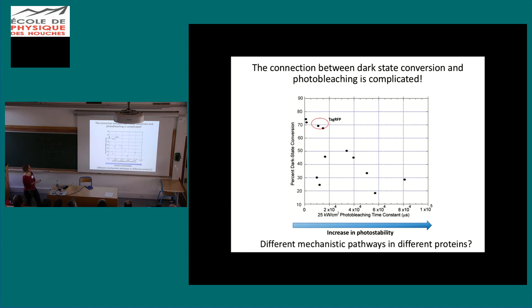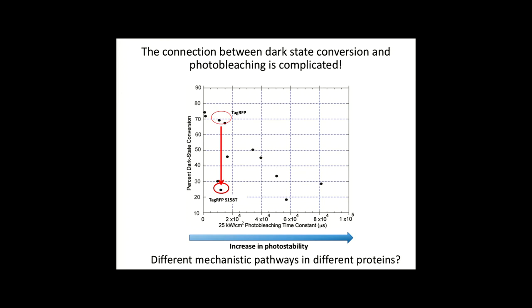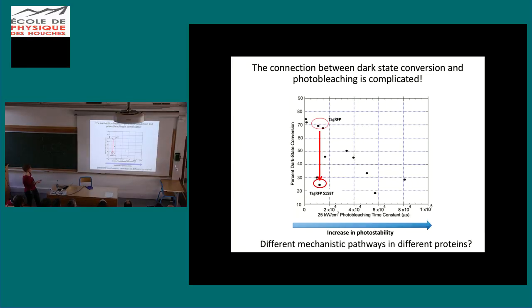So if we just look at one protein, this is a red fluorescent protein. You introduce a single point mutation and you don't change the photostability at all, but you can take the dark state conversion very low, so up from about 70% to about 25%. So they're not always connected.